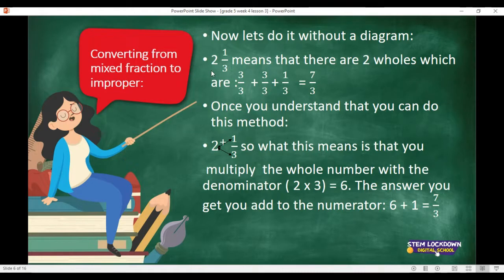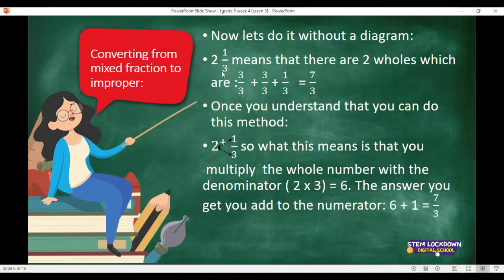The example here is 2 and 1/3, and we want to convert it from a mixed number to an improper fraction. I said the first method that we can use is to split these two wholes and turn them into a fraction. How do we do that? We look at the denominator, and the denominator is 3.